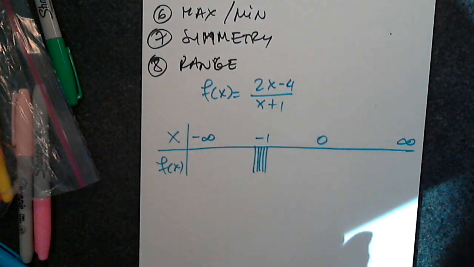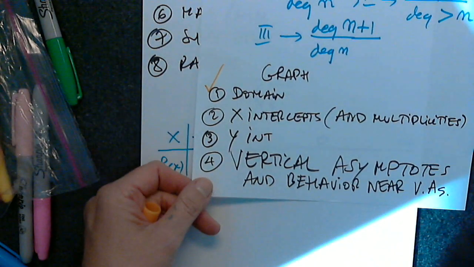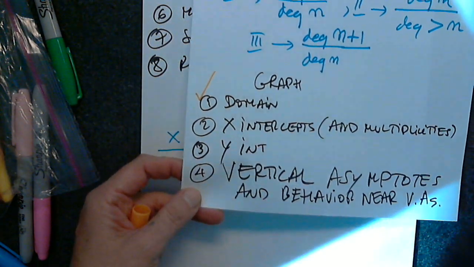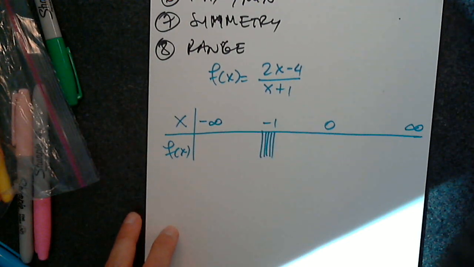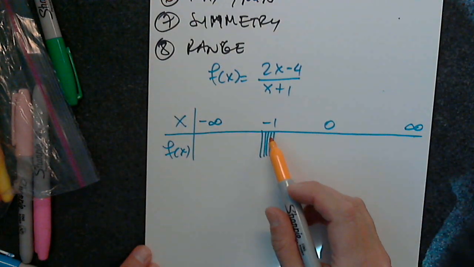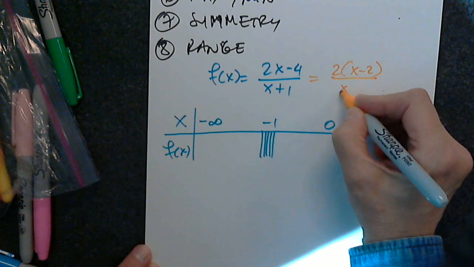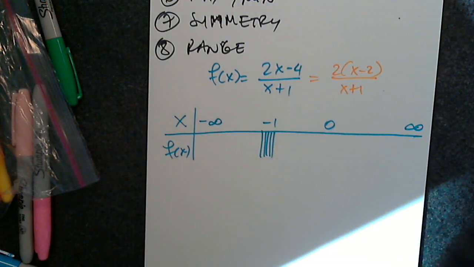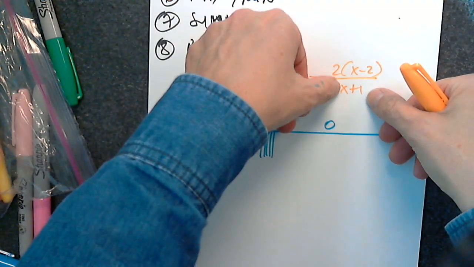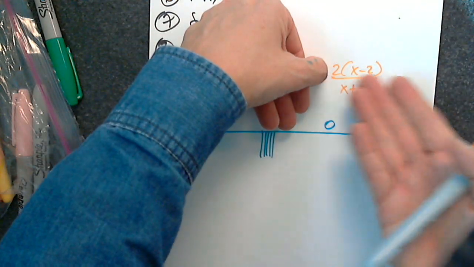So for now, as you know, the first time we go through this, we're going to check everything, and then everything will be presented in a table, and there is no need to go through the list anymore. Okay. So at this point, when I factor the numerator, I realize that there is no factor of x plus 1 at the top.